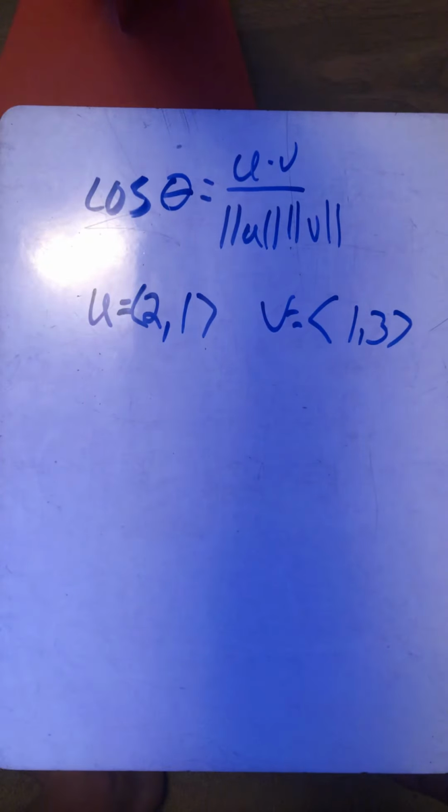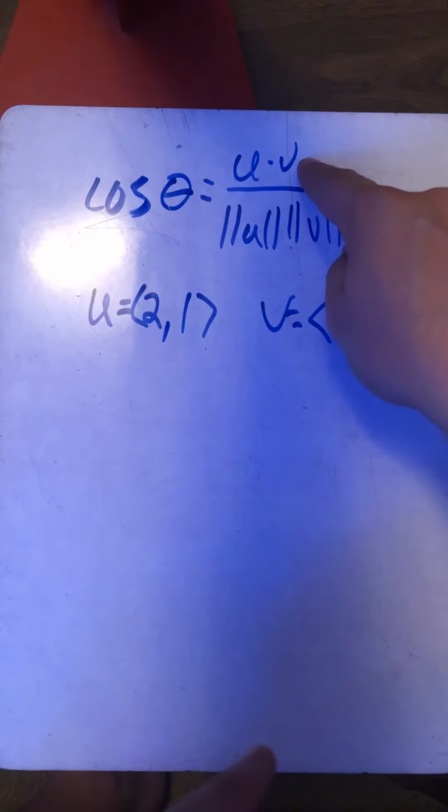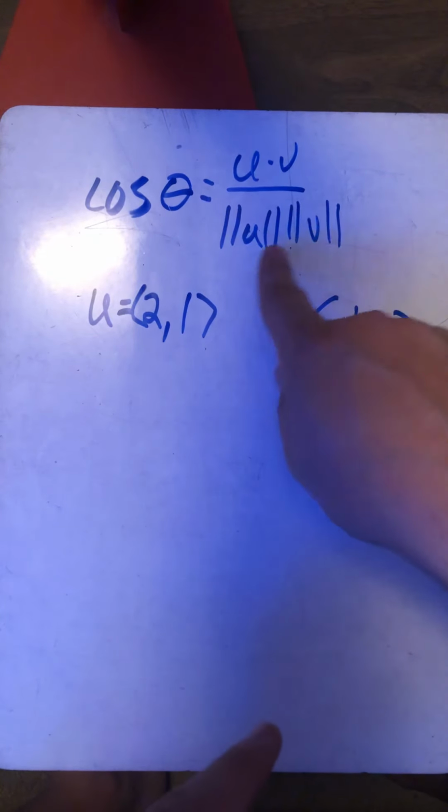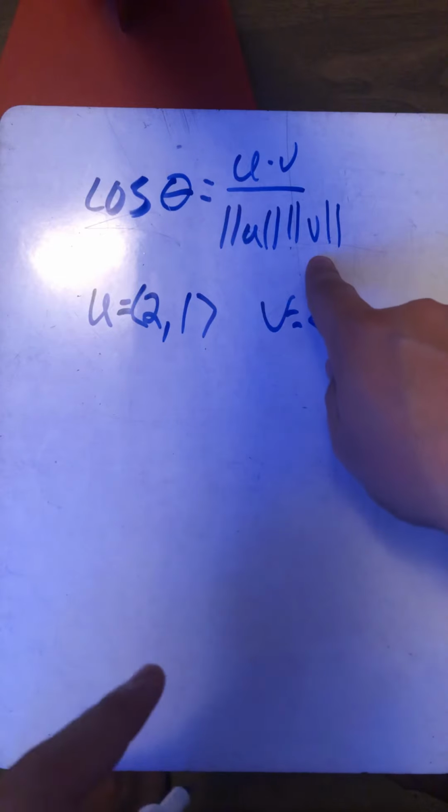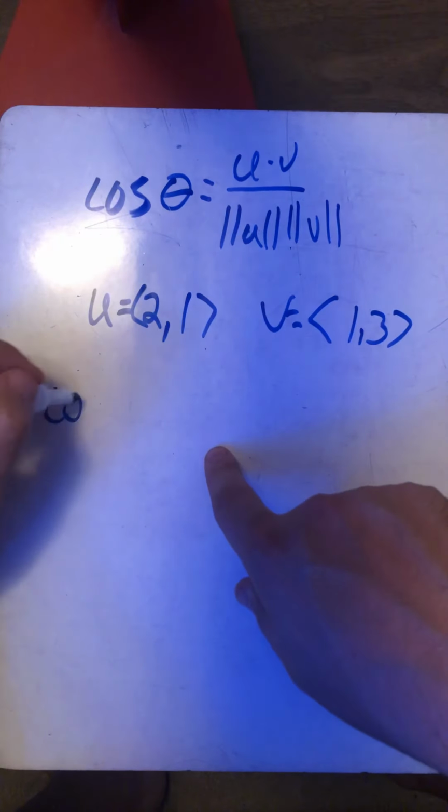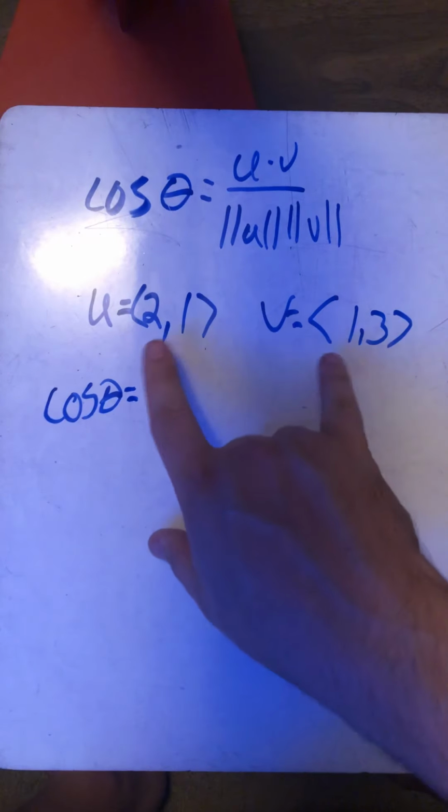All right, so here we go. I'm just making sure I have my calculator. So we're going to have u dot v divided by magnitude u times magnitude v. So cosine theta equals, let's do u dot v.